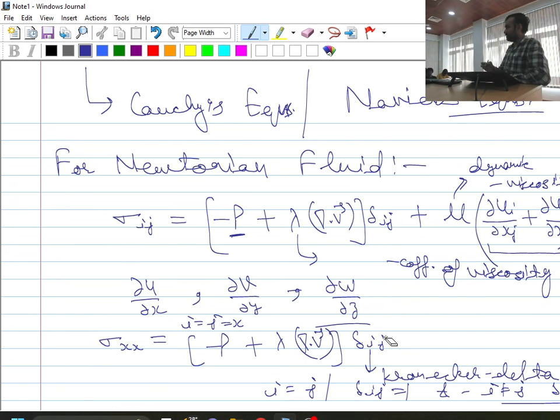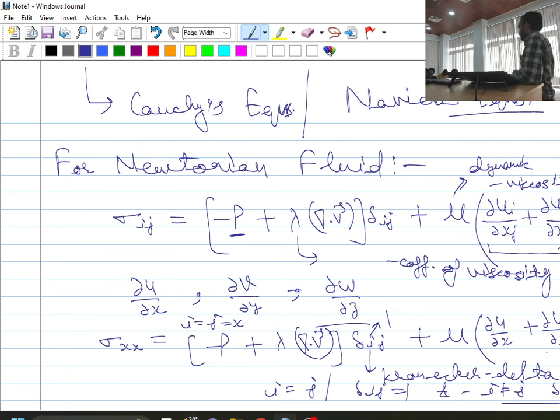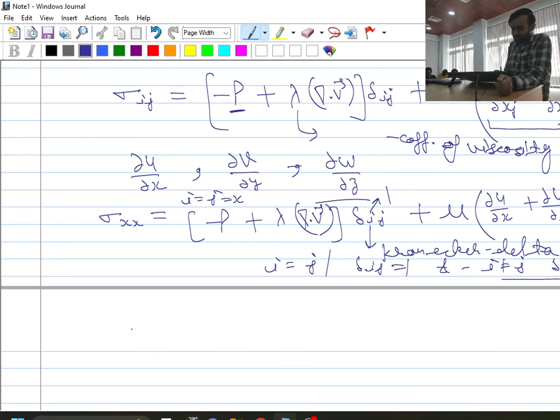Is this point clear? So the value of this will be 1 plus mu times the term for ij, which means del u by del x plus del u by del x.